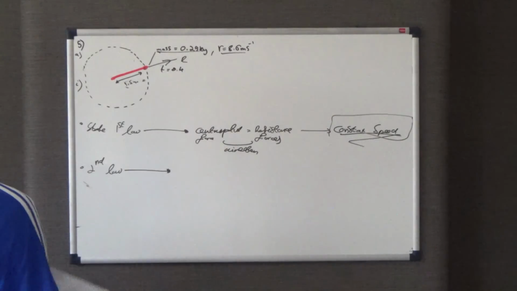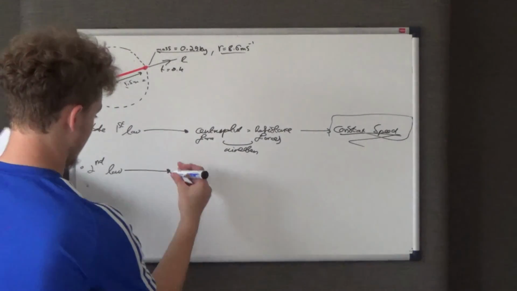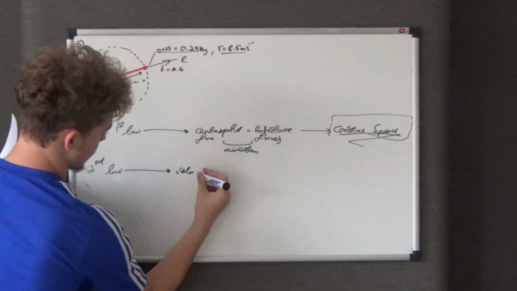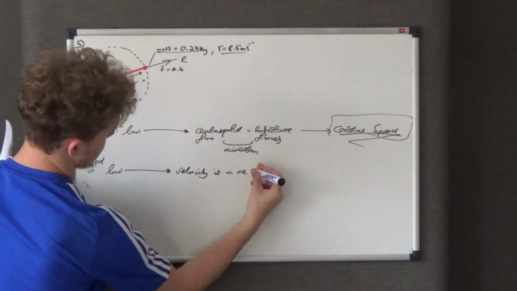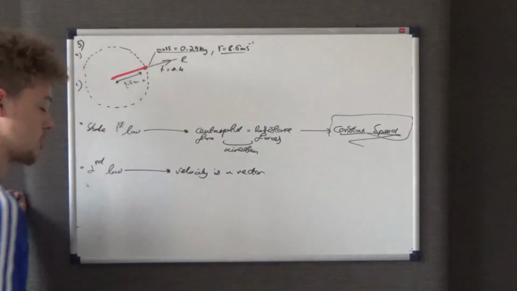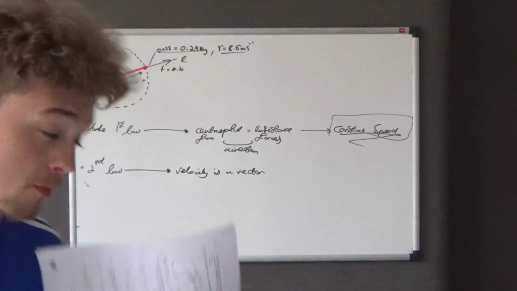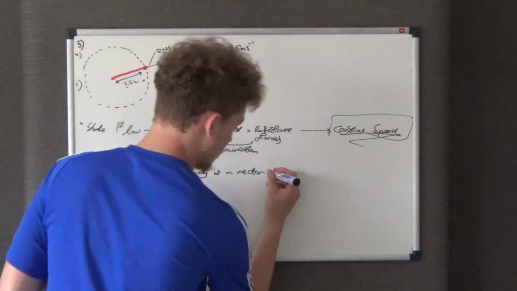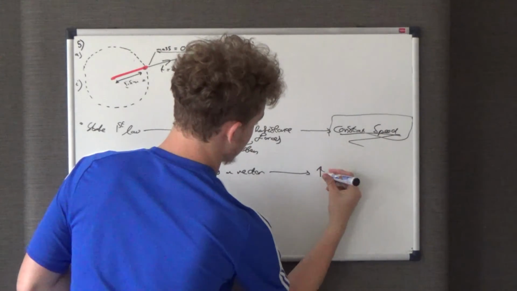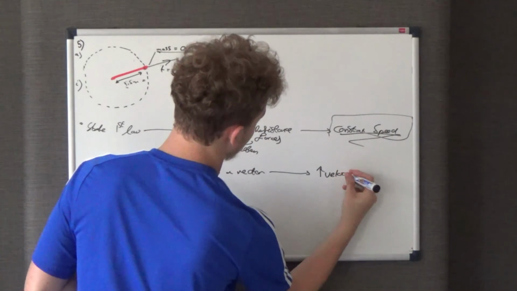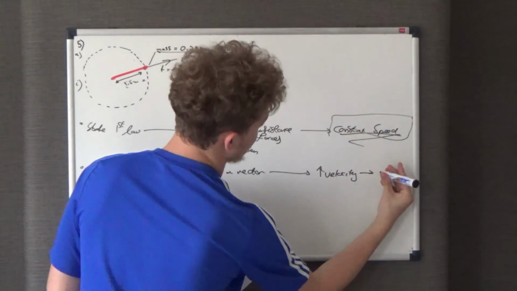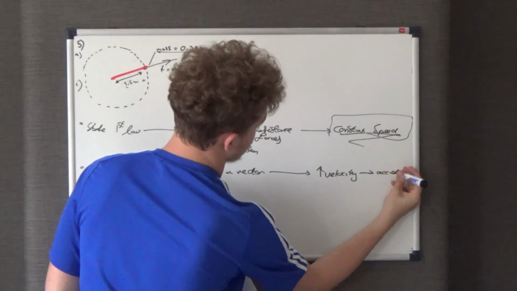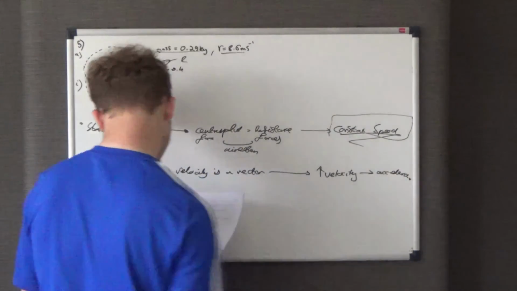Velocity is a vector, so it takes into account magnitude and direction. The magnitude stays the same, but the direction is changing, so the velocity is changing. And if the velocity changes over a given period of time, this implies there is acceleration.